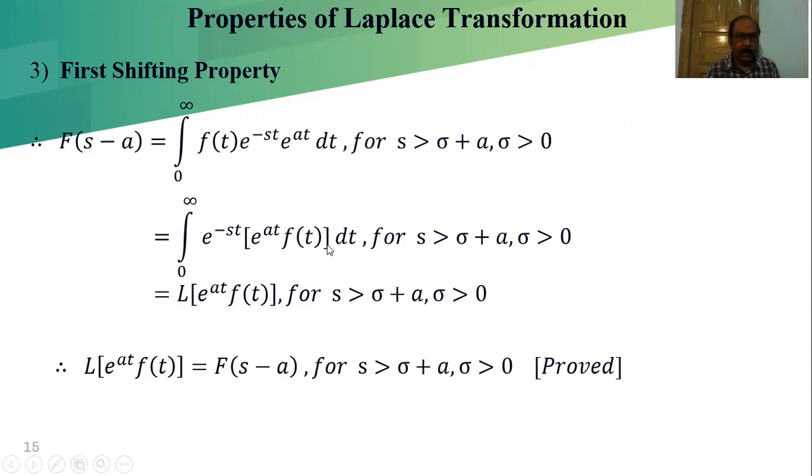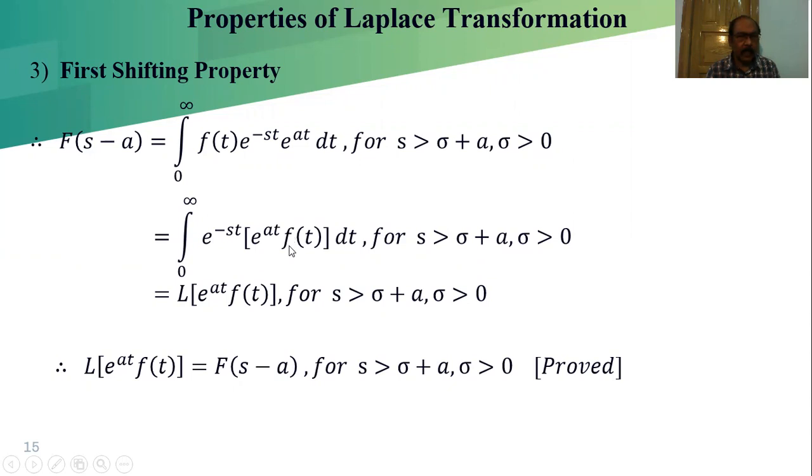If we consider this total as a function, by the definition of Laplace transformation, this is the function. If we consider this is g(t), then it is the Laplace transformation of g(t).